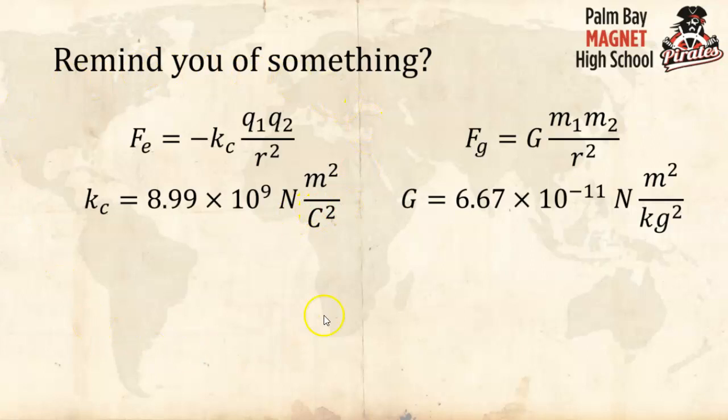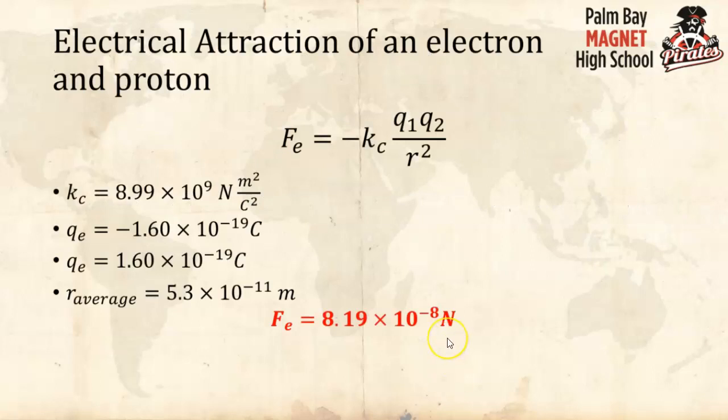This tells you that the electrostatic force is way stronger. I'm not going to do the full calculation, but if you take the electrostatic force between an electron and a proton, as happens in a hydrogen atom, and take into account the average distance between them, which is a tiny distance, and the charges, one positive, one negative, you get a force on the order of 10 to the negative 8 newtons.